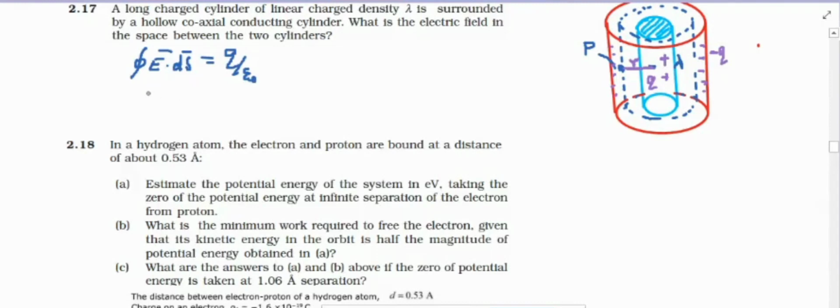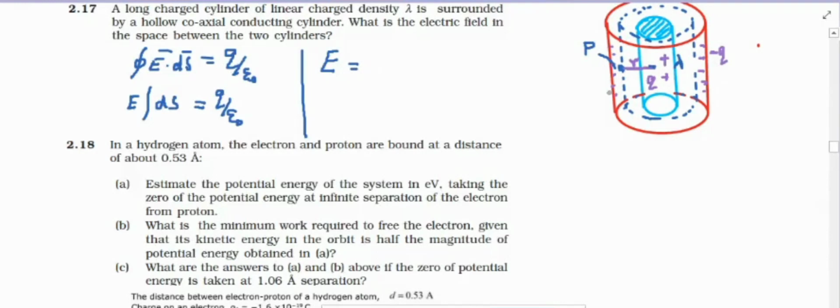Now as I told you, we need to consider only the curved surface. So we get the integral over the curved surface, where the electric field will be constant, so we can take it outside: E integral ds is equal to Q divided by epsilon naught. That is E into the curved surface area.